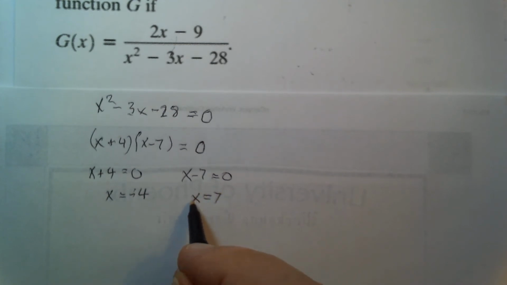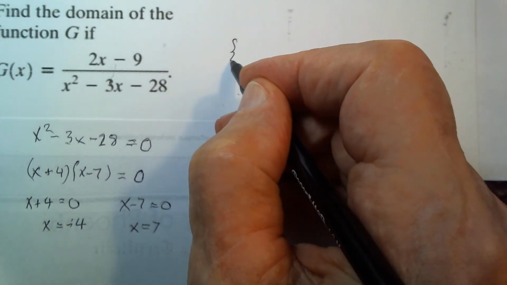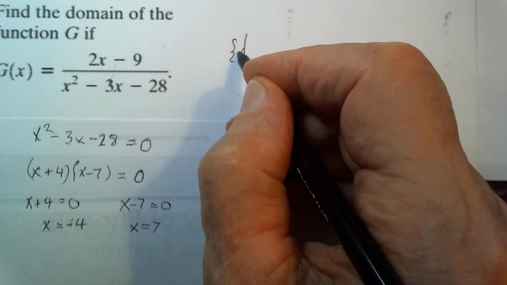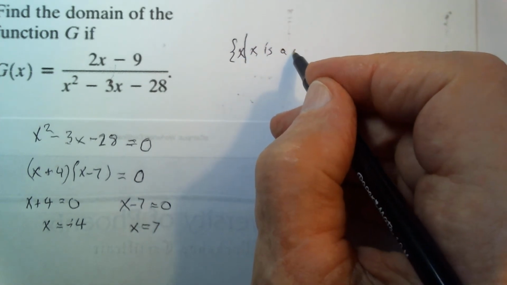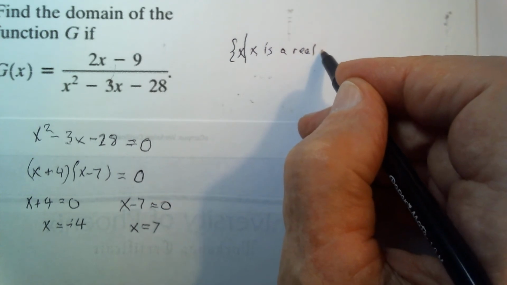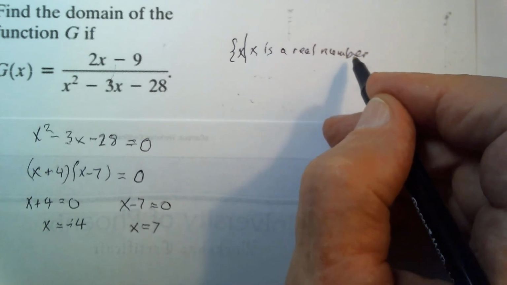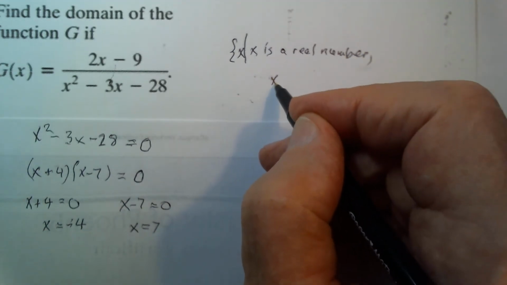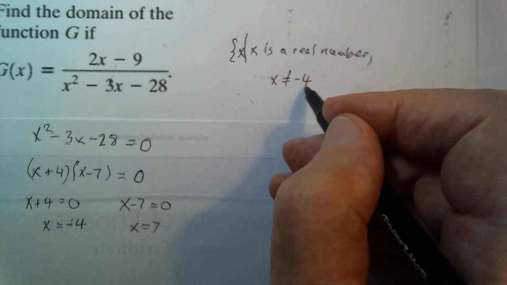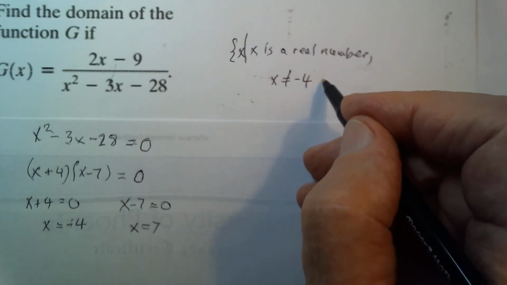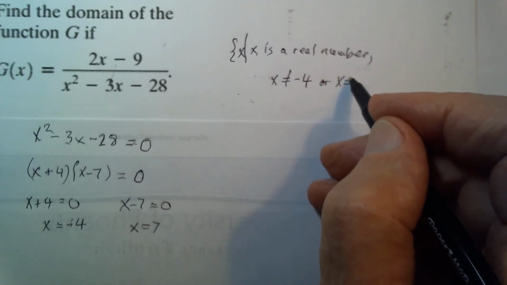And what this means is that this function is defined for all x, such that x is a real number, with x not equal to minus 4, and x is not equal to 7.